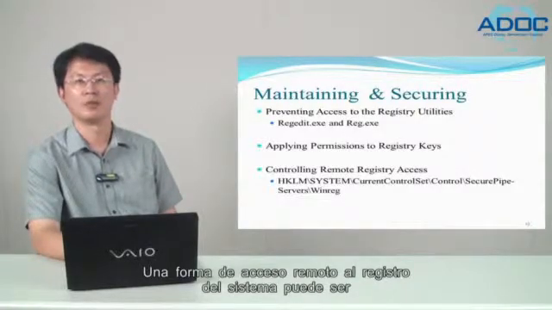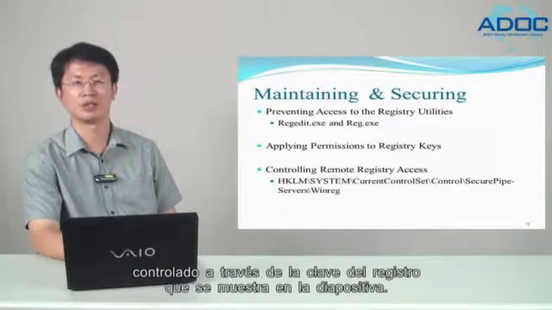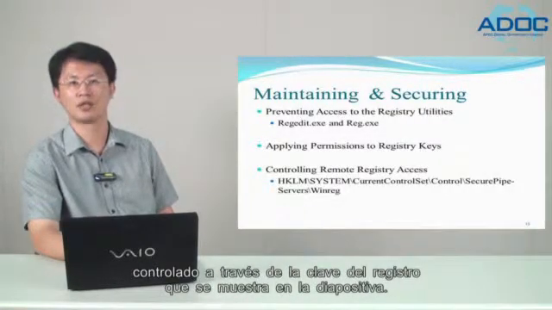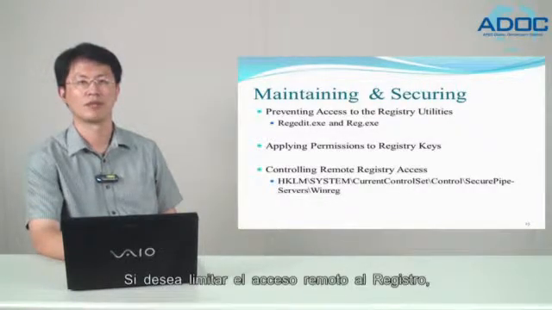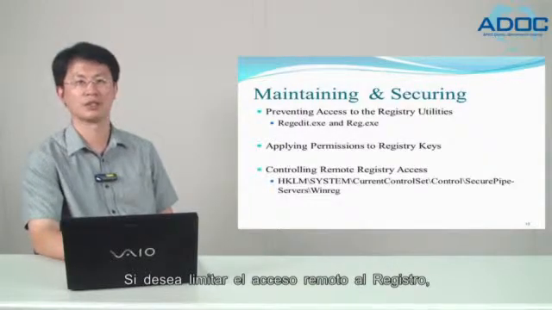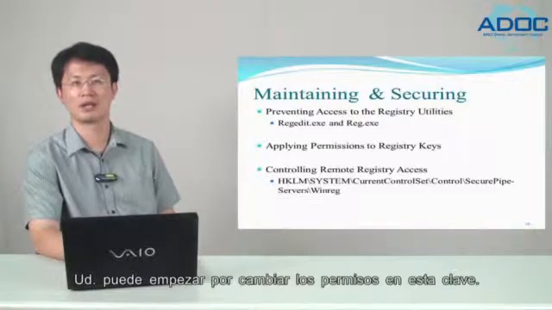One way remote access to the system's registry can be controlled is through the registry key shown in the slide. If you want to limit remote access to the registry, you can start by changing the permissions on this key.